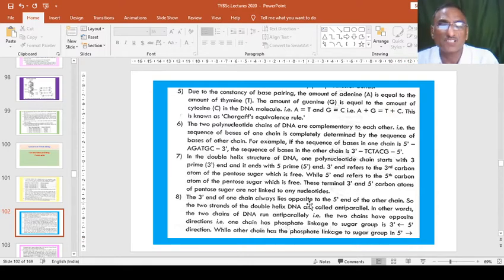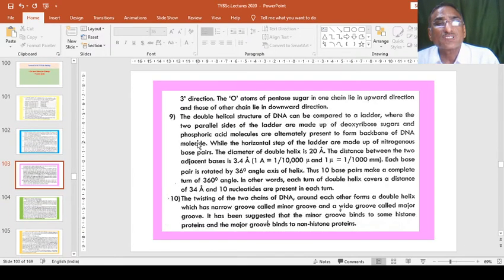So therefore these two chains are opposite to each other and therefore they run anti-parallel. This is very simple. The O atoms of the pentose sugar in one chain lie in the upward direction and those of the other chain lie in the downward direction.